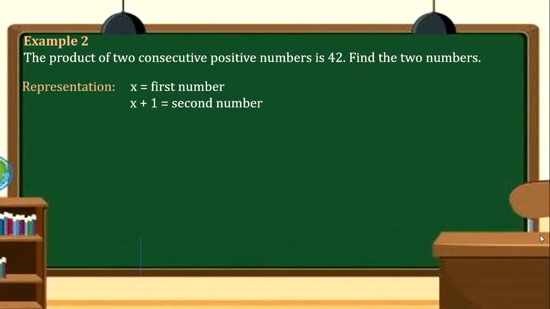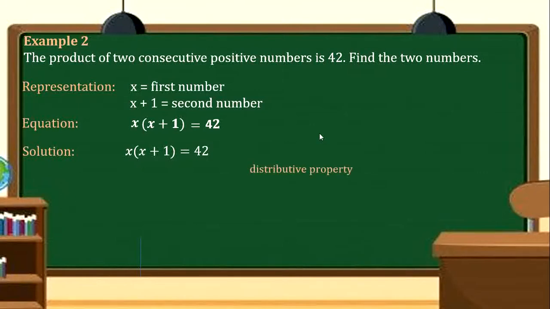Okay? So, ang sabi dyan, product. Kapag sinabi nating product, multiplication yung gagamitin natin. So, kaya, magiging x times x plus 1. Yung product daw nila is equal to 42. Okay, now, the equation would be x times the quantity x plus 1 equals 42.